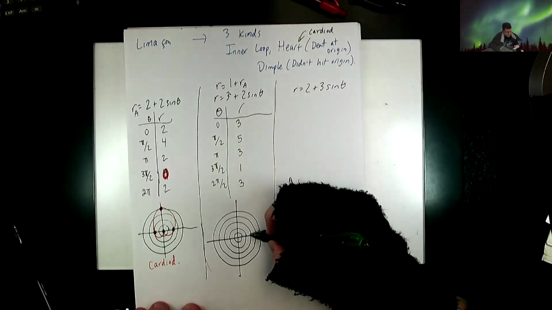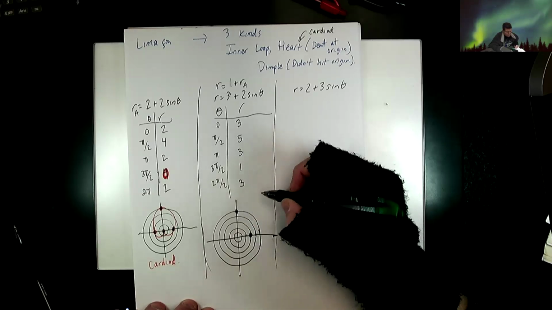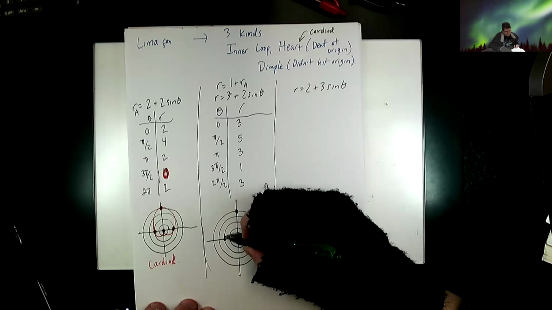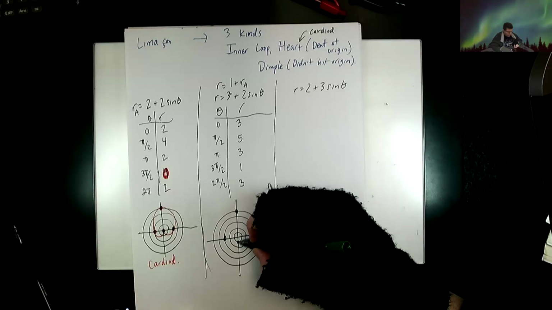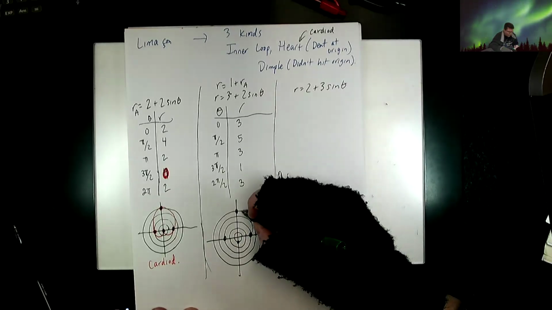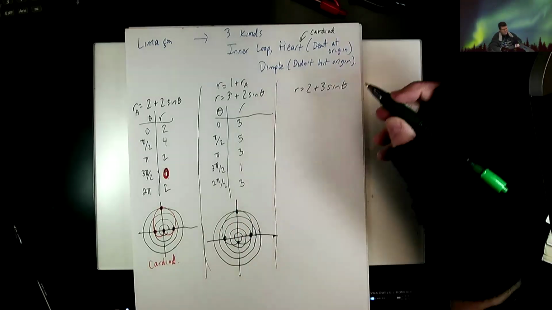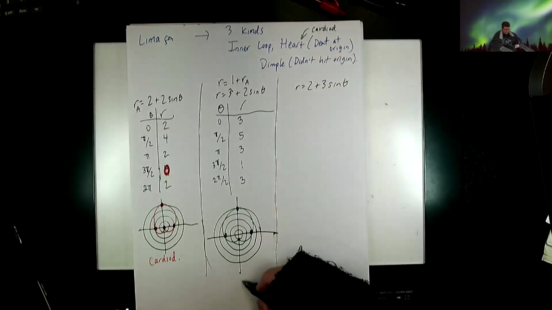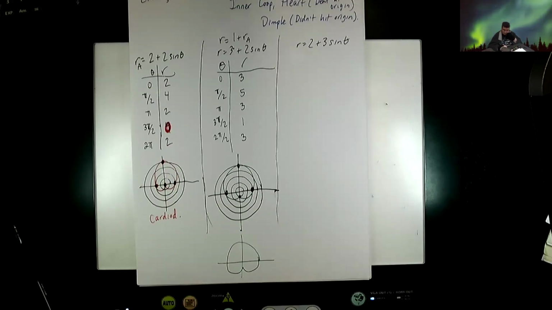So when I have 0, it's 3. Pi over 2 is 5. 3 here. We don't go to the origin on 3 pi over 2. This looks like it's got the dimple going on. That kind of thing.